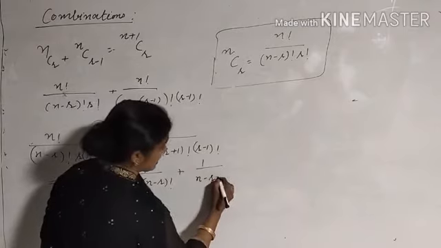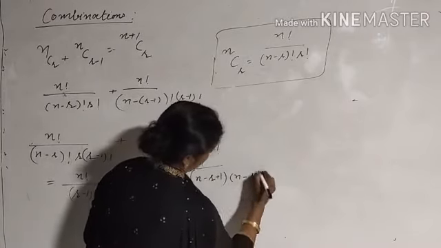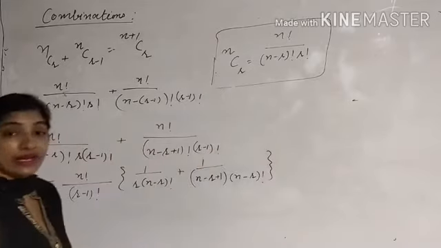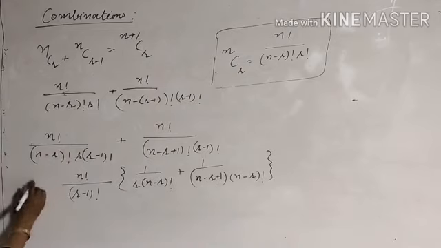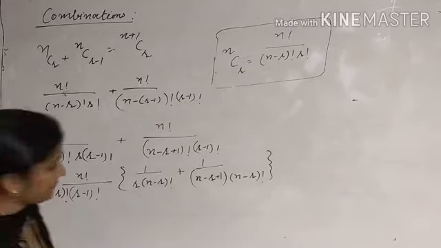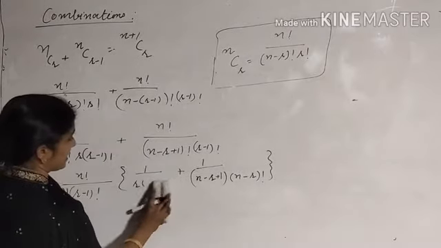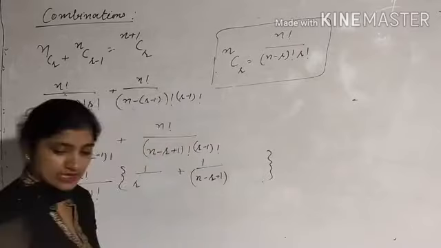So we can take it as (n minus r plus 1) into (n minus r) factorial. Right? Now again we can take (n minus r) factorial common. So inside we have 1 by r and this 1 by (n minus r plus 1).